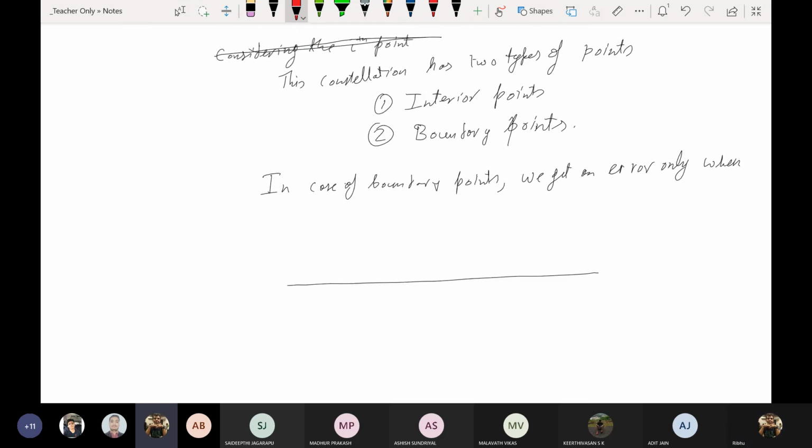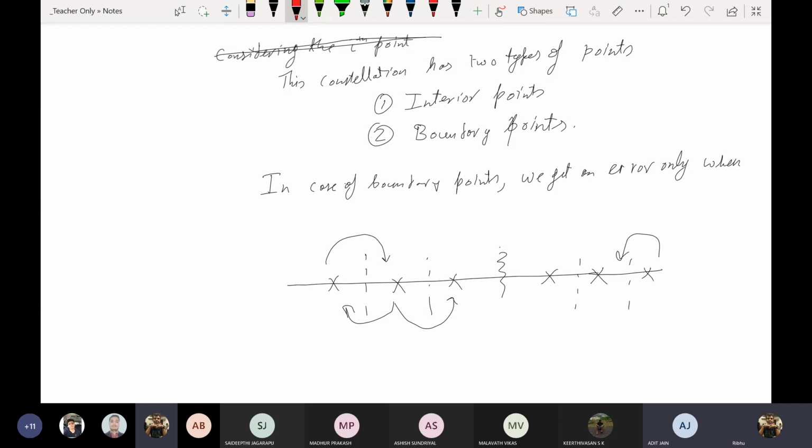So points are slightly more far apart. Fine. So in case of boundary points, you get an error. So in case of this boundary point, you will have an error. This is the boundary. This is the boundary. This is the boundary. This is the boundary. So you get an error only when this goes here or this goes here. Right? Otherwise, you won't have any error. But in the case of interior points, you have an error when this goes here or this goes here.